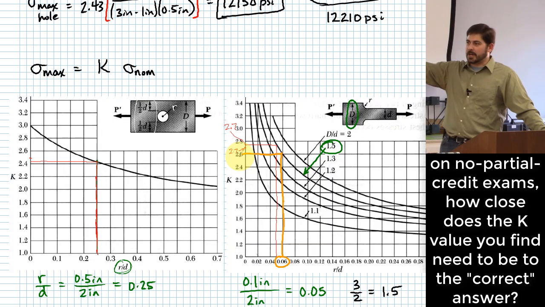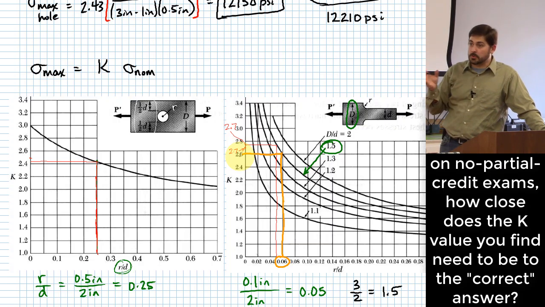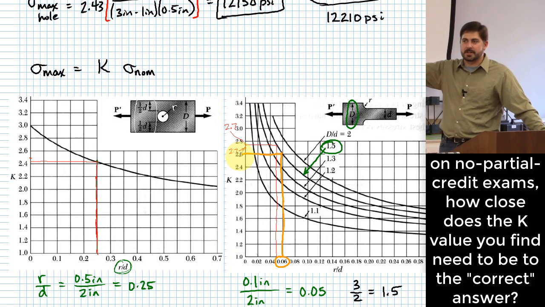It's a 2,000 psi difference between a totally other method, the finite element method, where we're not super sure what sorts of error we might be introducing because that method is an approximation anyway. So you're going to be closer than that, being two people trying to read the same chart and answer the question on an exam.